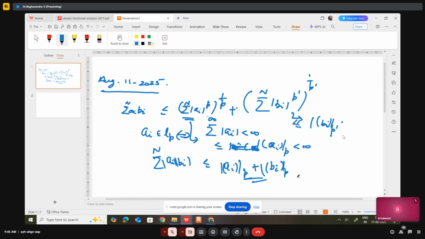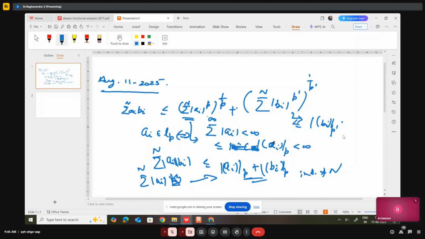This thing is independent of n. Why? Because the summation is up to infinity. On this side you have n. Now you take the limit. When you take the limit n going to infinity, what you have is summation of mod a_i into mod b_i is less than or equal to this one.